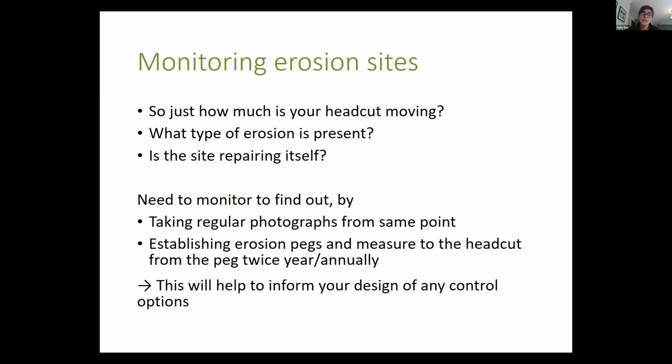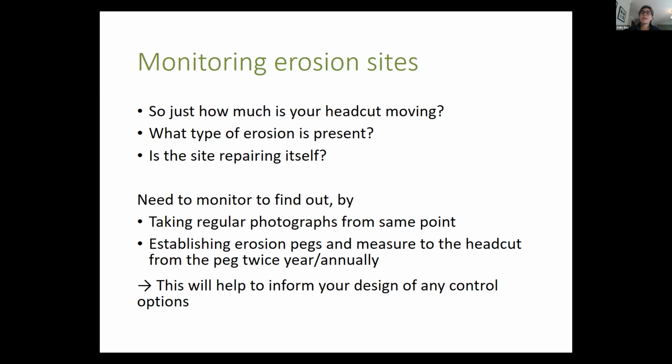There's not a lot of vegetation on the banks, but they may not have moved for 5 or 10 years or 20 years. So they might be basically an example of an old site that is now stabilised, and although it looks ugly, it might not be moving further. So the first thing is to establish how much it is moving per year, and I think that's really important.